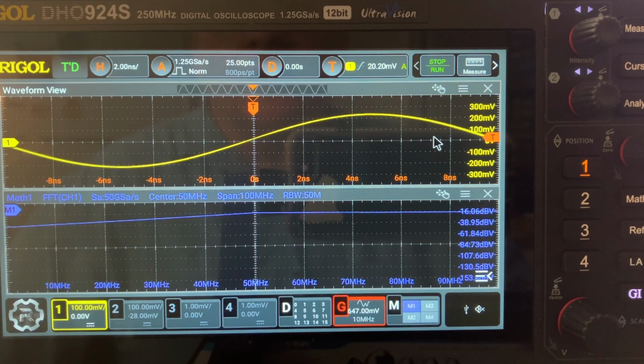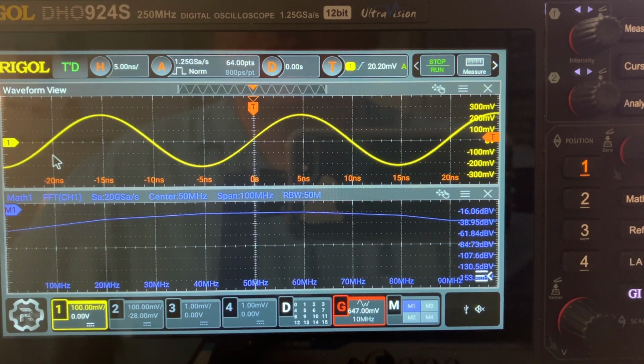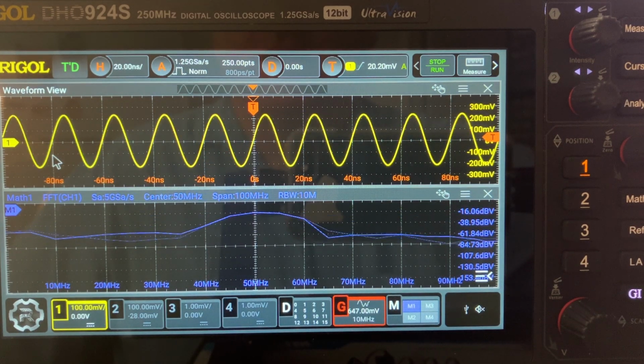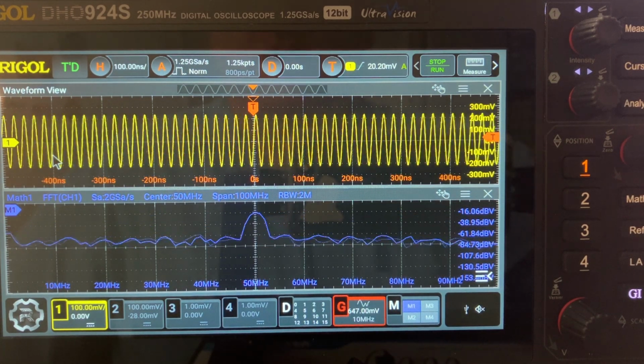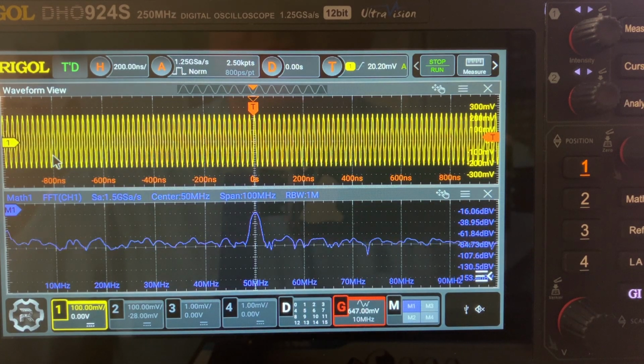If you want to look at the noise outside of the main frequency, you need to be able to sample outside. One way to do that is to extend the number of points where you can sample.